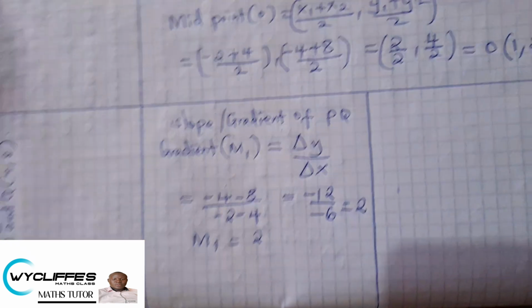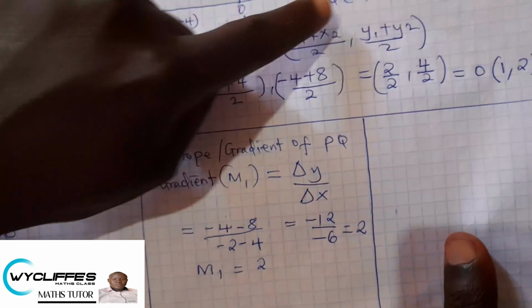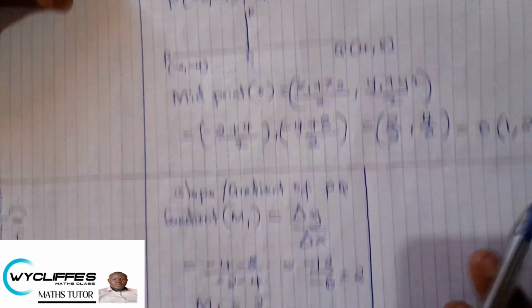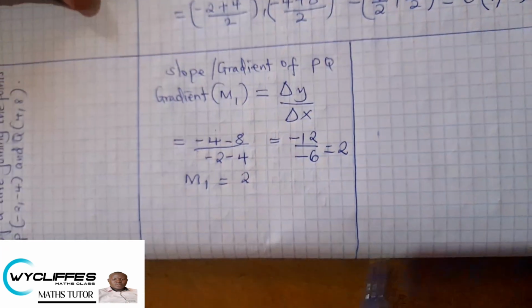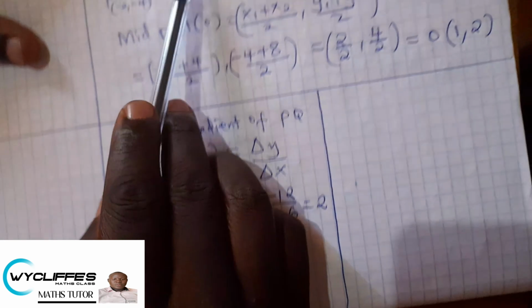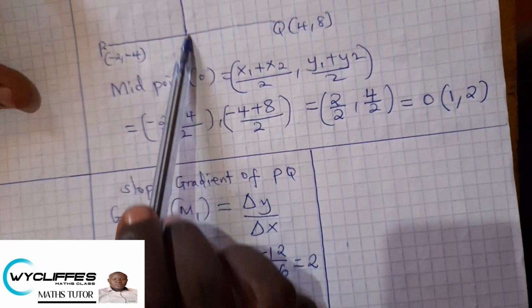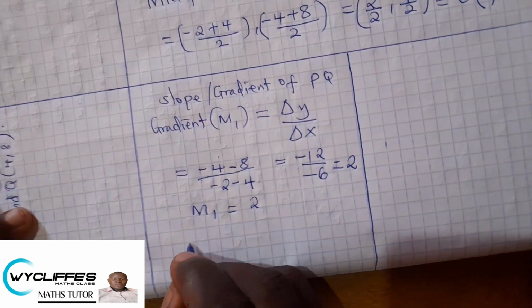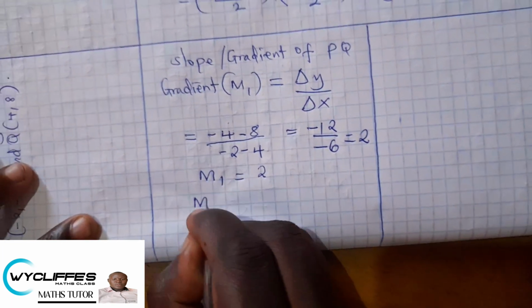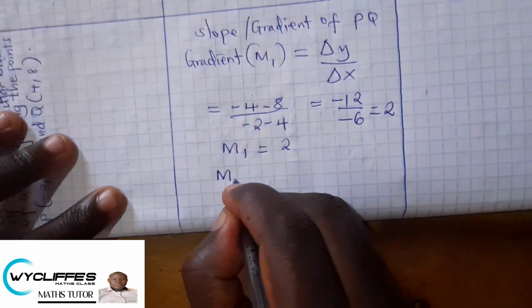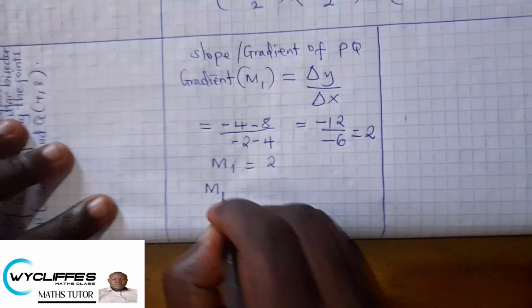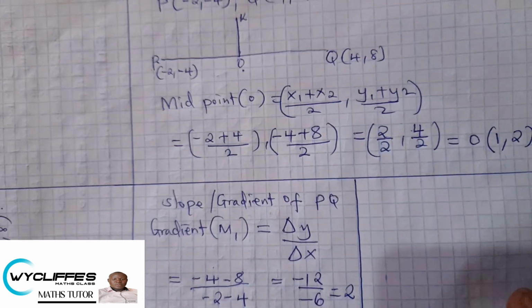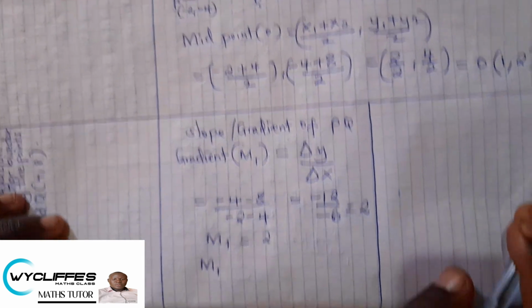Now remember, the line PQ and the perpendicular bisector KO are perpendicular lines. So what do we do to get the gradient of KO? We normally say that the product of the gradients of two perpendicular lines is always negative 1. Let the gradient of line KO be M2.